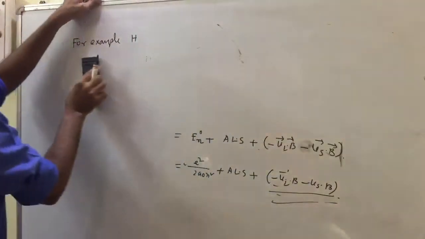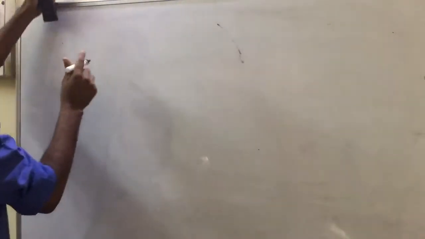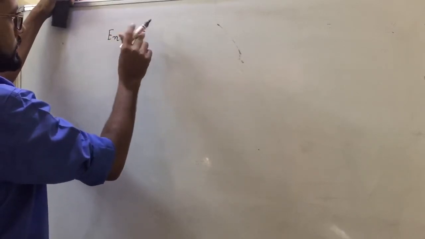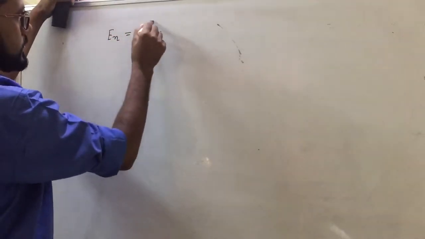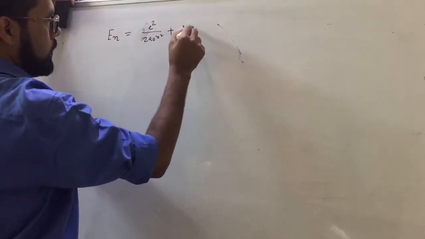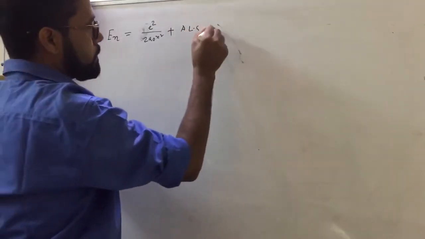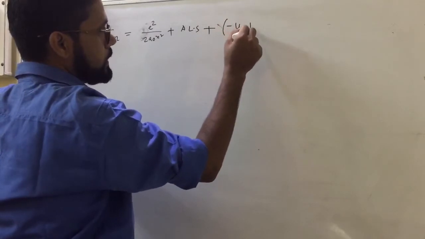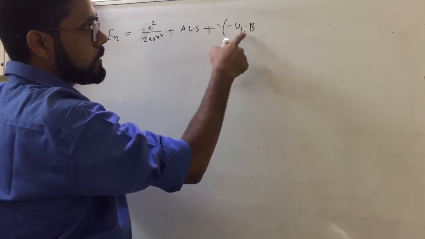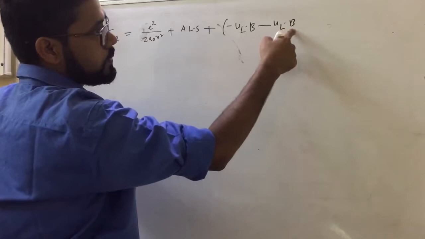So in that case, I am writing this term again. The original energy of the hydrogen atom, e square by twice a naught n square, plus the perturbation energy: A L dot S is the spin orbit, the fine structure term, and plus minus mu L dot B. This is the interaction of the orbital magnetic moment with the external magnetic field, and this is the spin magnetic moment with the external magnetic field.